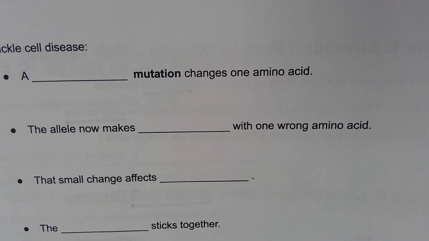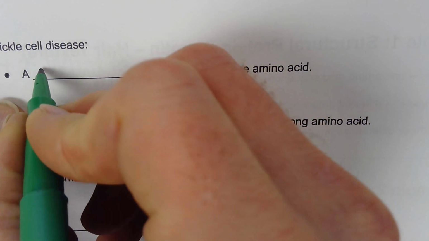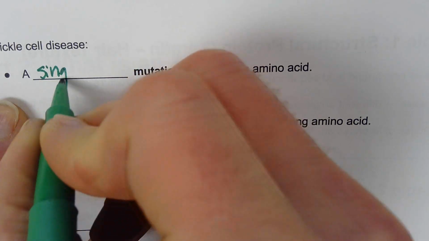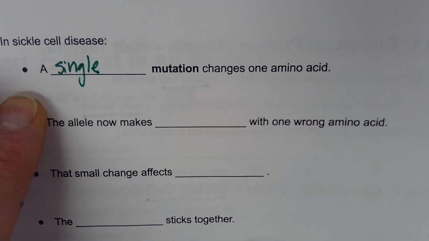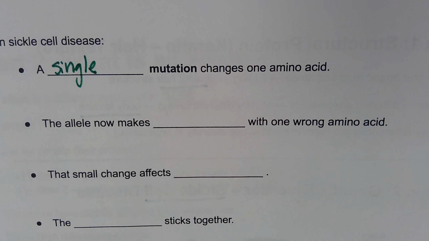So there is a single mutation for sickle cell disease, and it changes one of the bases, just one of the bases, which means that it changes one amino acid.